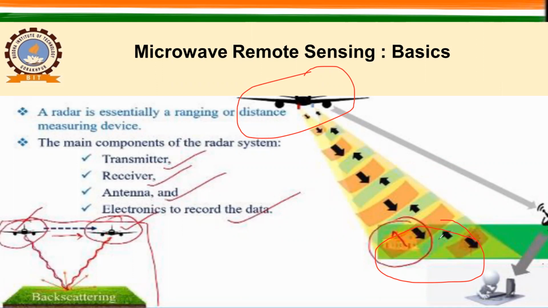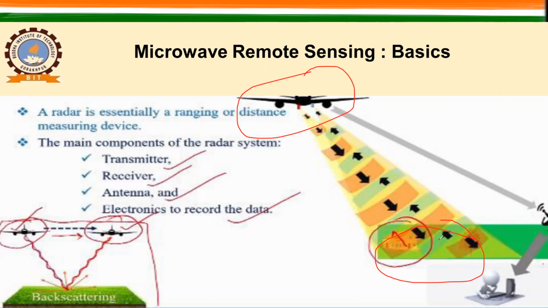Now let us understand here, the satellite which is illuminating the particular area will release the pulses, and the moment the first object which interacts with these echoes, that will get back scattered, and this will give you back scattering values, right?